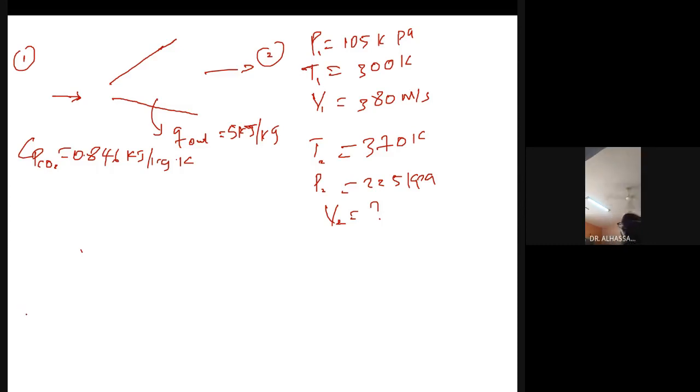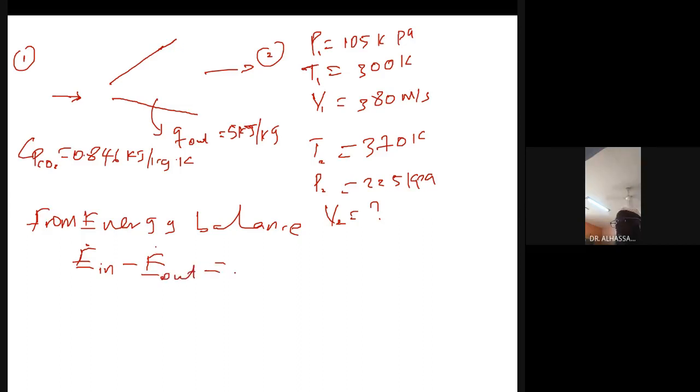So if we look into the general equation from energy balance for a control volume system, the total amount of energy in minus the total amount of energy at the outlet should be equal to the change in the energy of the system.